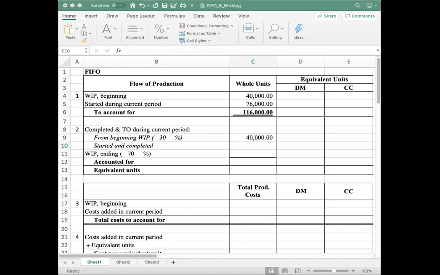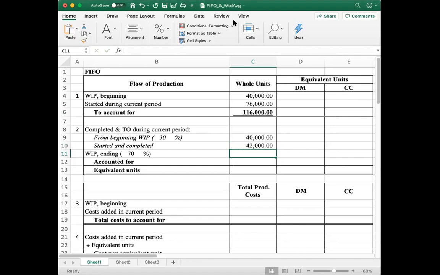The number of units completed and transferred out to finished goods in the question is 82,000. If you finished 82,000 units, that means 40,000 units are from the beginning inventory. So the number of units you started during the current period and completed is 82,000 minus 40,000, which gives you 42,000 units.